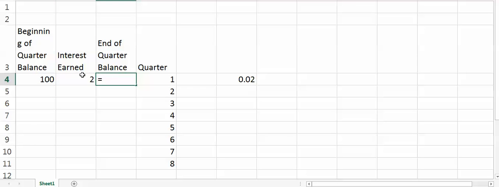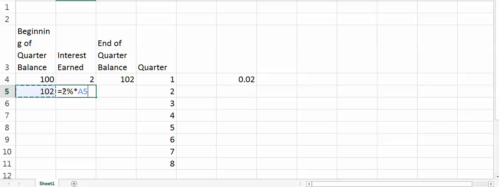So at the end of this first quarter, I take the original 100, I add the $2 in interest that I earned. That's the balance at the end of the first quarter and the balance at the beginning of the second quarter. So I'm just going to pop this 102 over to here. The second quarter, I'm again going to earn 2% interest, but I won't earn it on $100 this time.